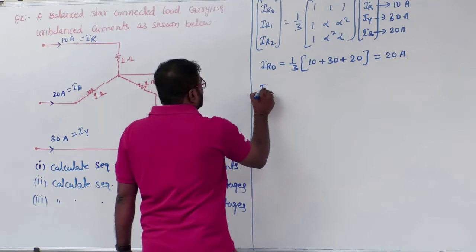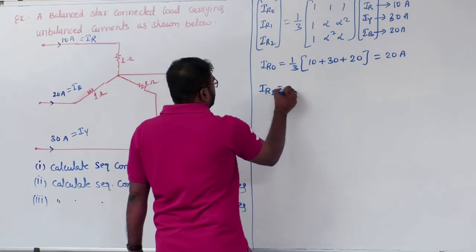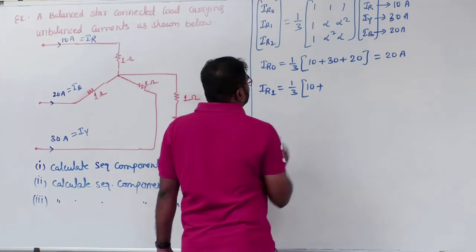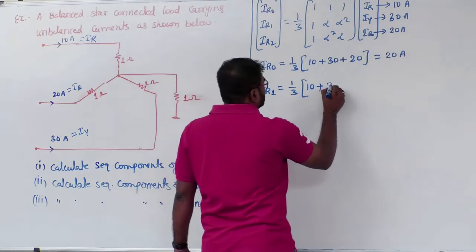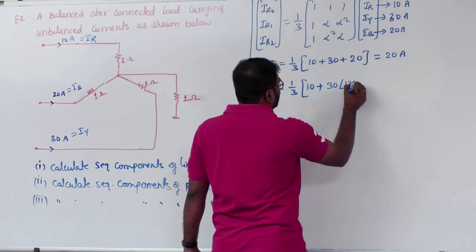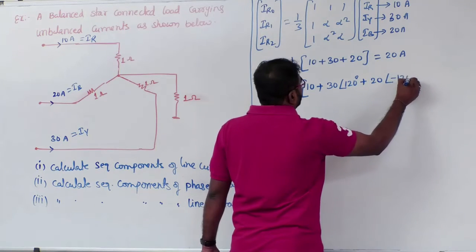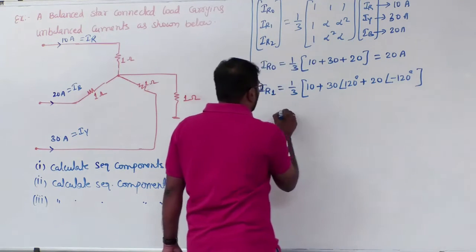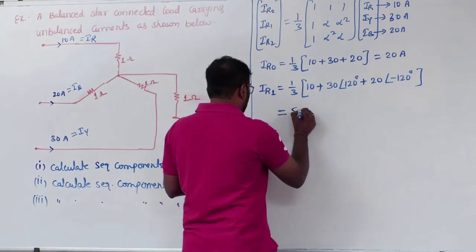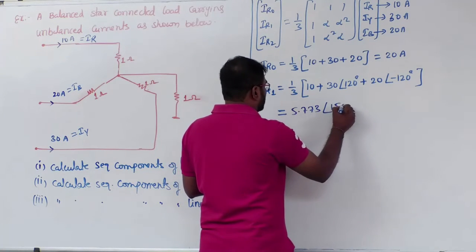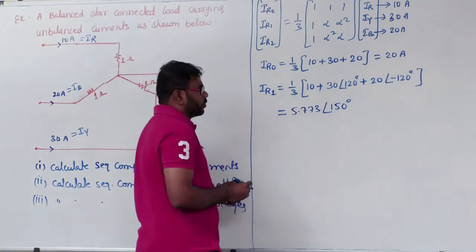Next, what is IR1? 1 by 3 times 10 plus 30 alpha, that means 30 at an angle 120 degrees, plus 20 at an angle minus 120 degrees. If I solve this, we get 5.773 at an angle 150 degrees as IR1.